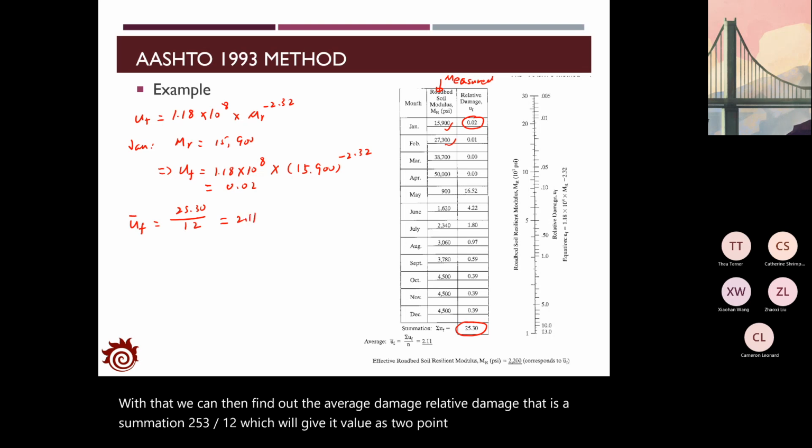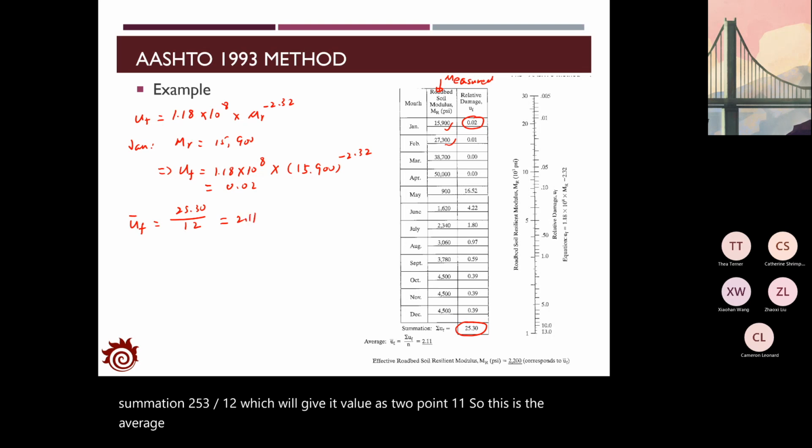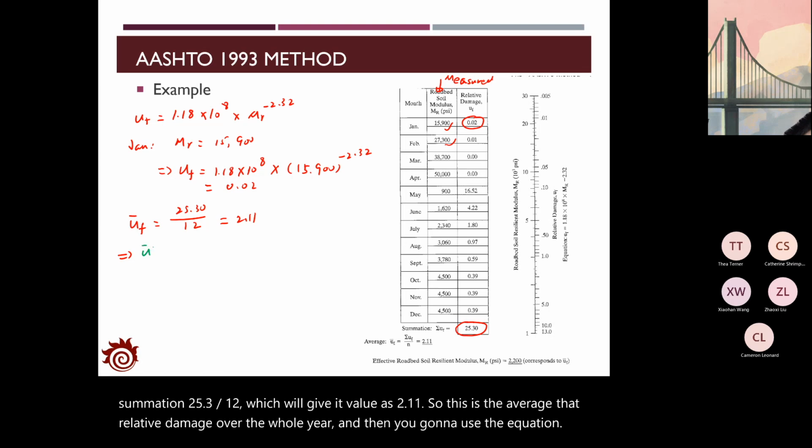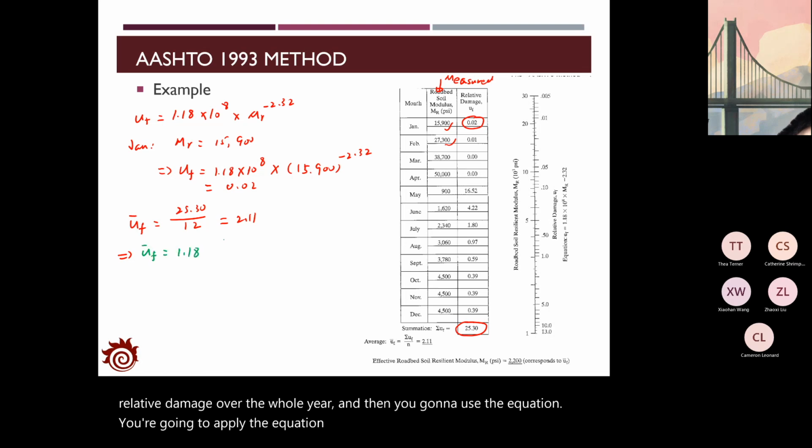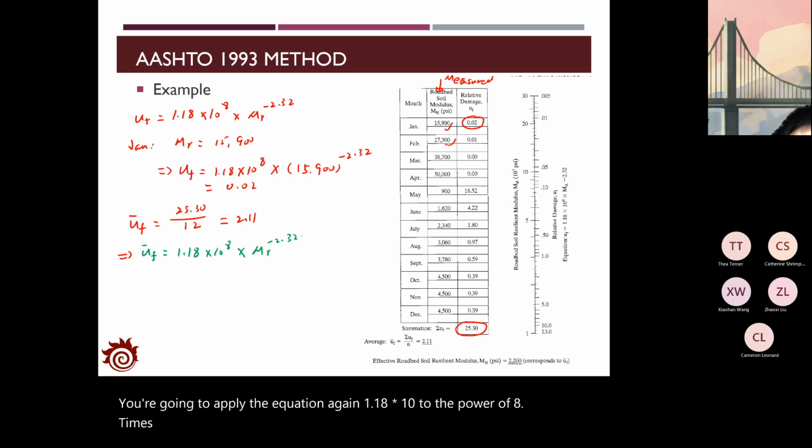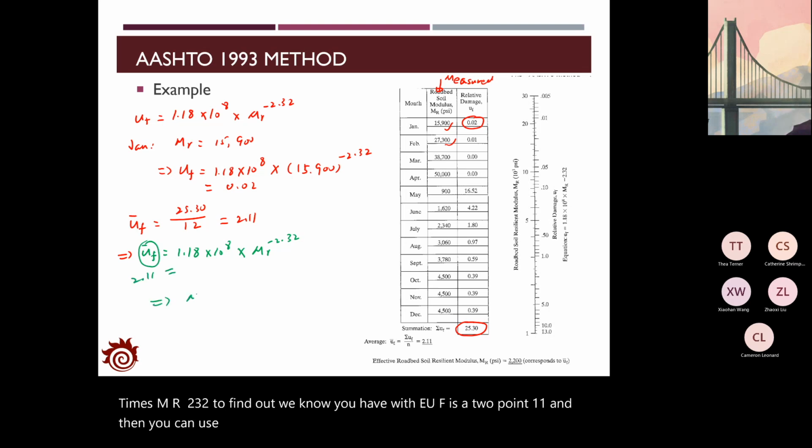So this is the average relative damage over the whole year. And then you're going to apply the equation again: 1.18 times 10 to the power of 8 times MR to the power of minus 2.32. We know UF is 2.11, and then you can use this equation to find out the value of the MR. This is the adjusted MR.